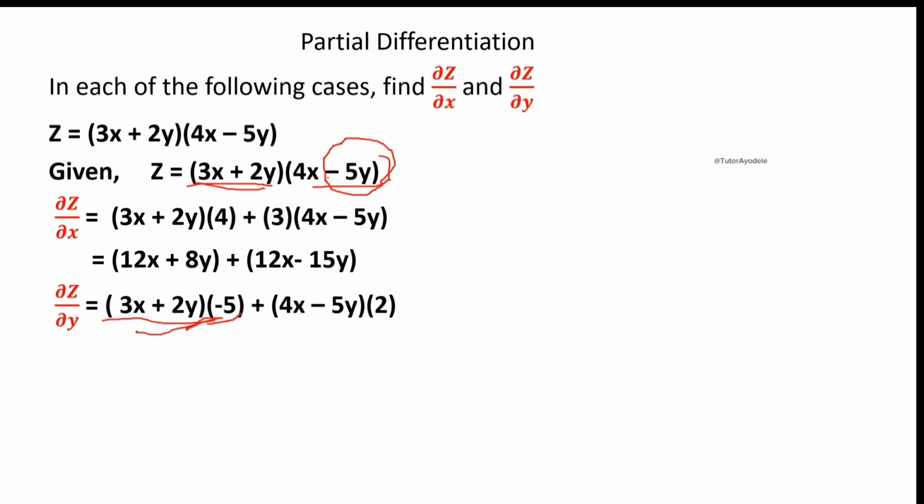Then what about the second side? For the second side, I will keep this one constant, just as you can see here, then differentiate this with respect to y. So this will change to 0 because there's no y here. Okay, so if I keep this one constant, you have already seen it here, right?